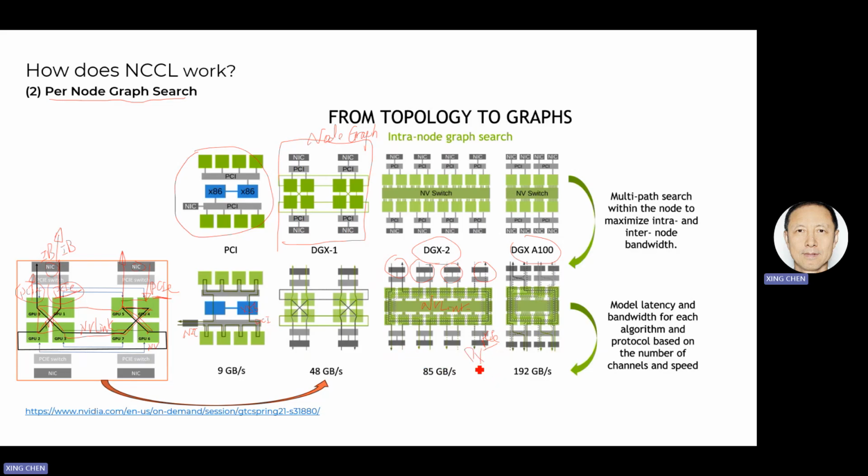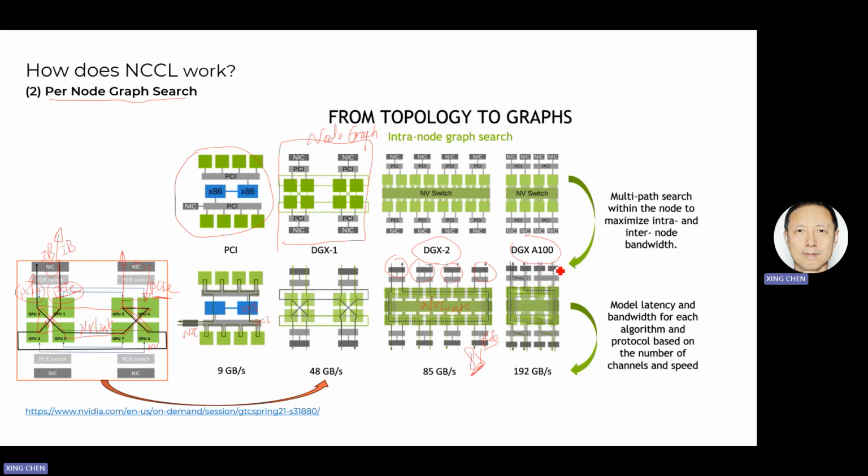This is a way for Nvidia to increase the inter-node bandwidth: by using multiple GPUs at the same time, you get the aggregated bandwidth, which is 8 times that of a single PCIe.